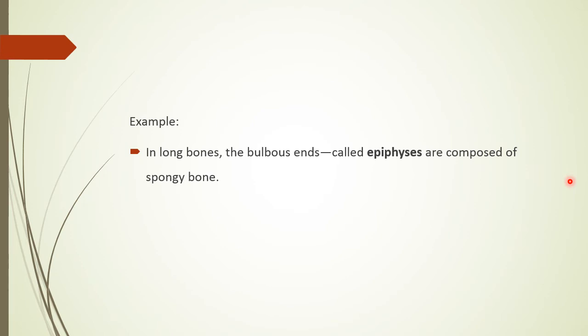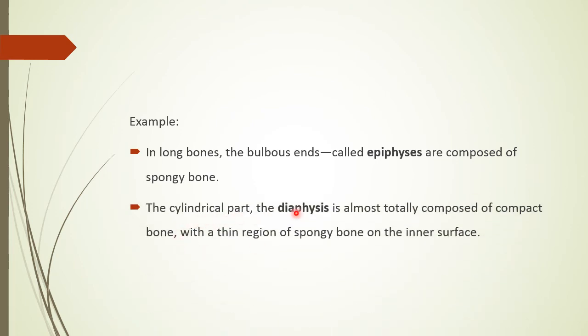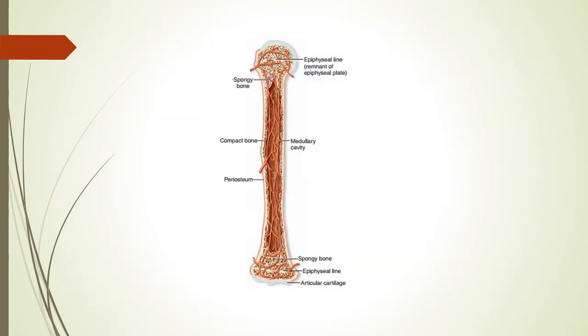The cylindrical part of the long bone, called the diaphysis, is almost totally composed of compact bone, with a thin region of spongy bone on the inner surface, near the bone marrow or the marrow cavity.